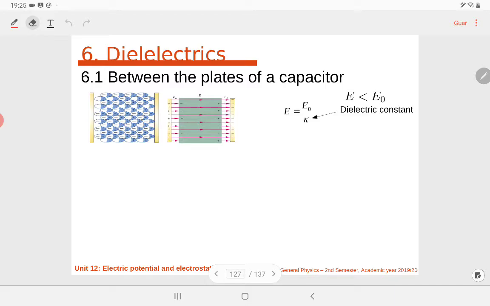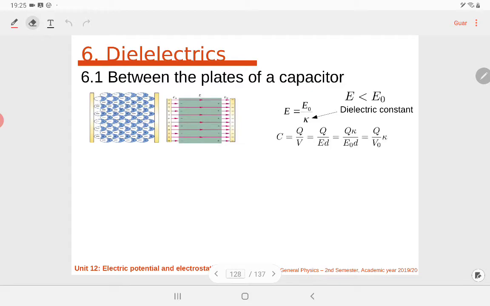So we're going to call the dielectric constant the amount by which the electric field is reduced inside the dielectric when the external electric field is applied. So this dielectric constant, represented by the Greek letter kappa, is always bigger than 1.